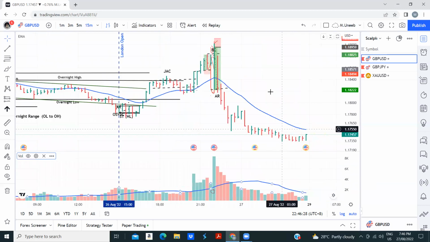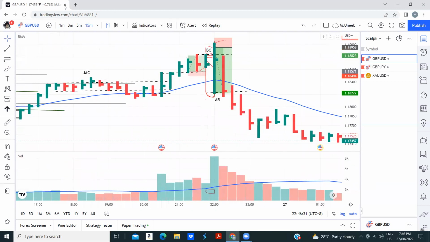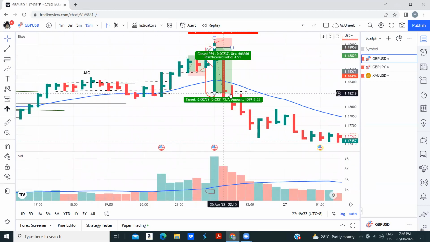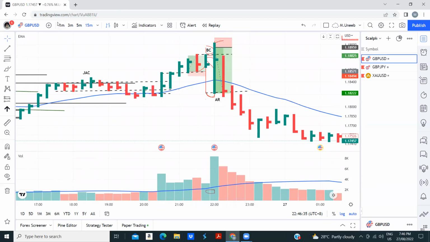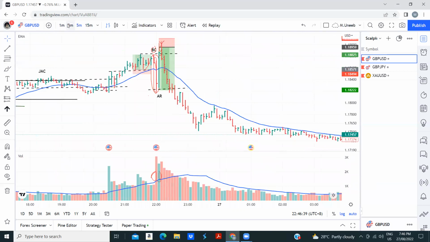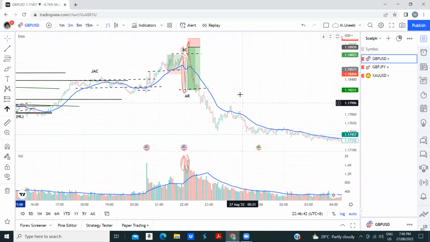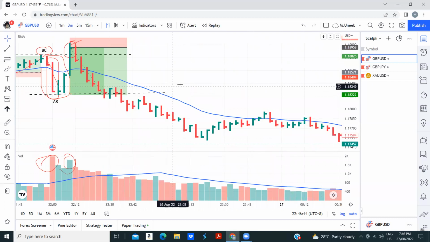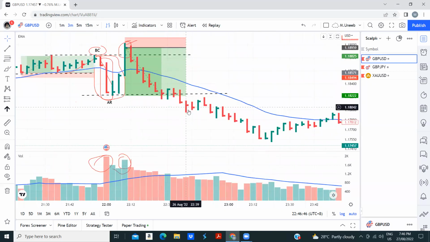Now, as the price breaks through this, what happens? Once the price breaks through, what follows through? When the price reaches the AR here and breaks through this AR region, then this becomes what?